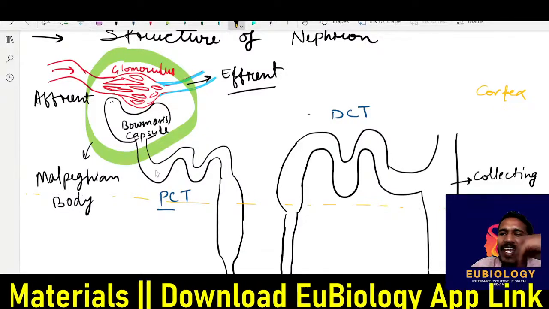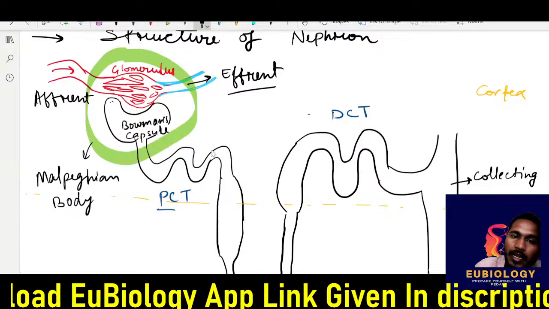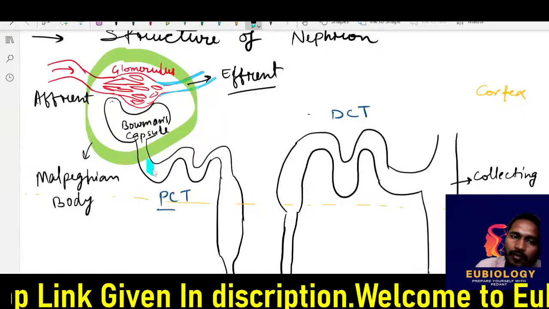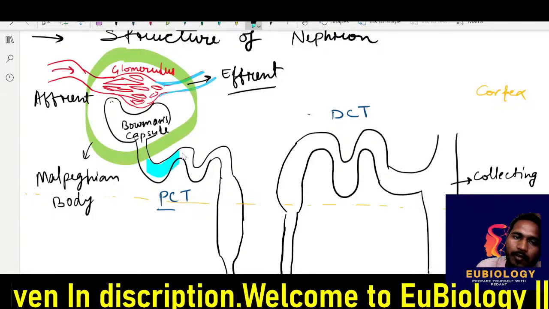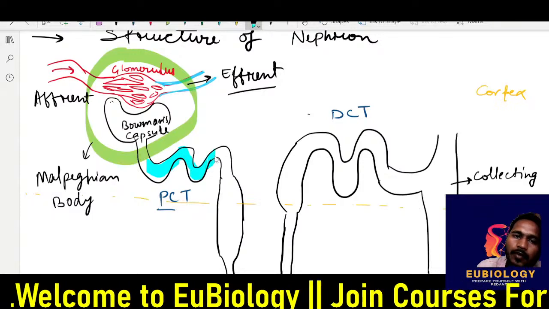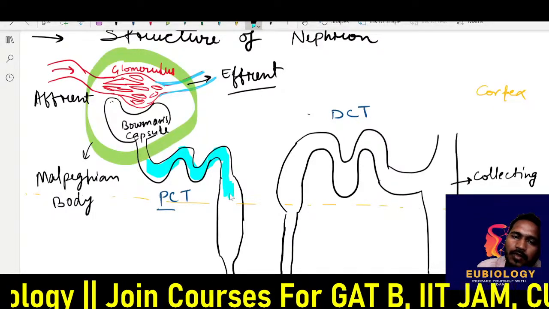So it has to be reabsorbed. So two things will happen here. If I say reabsorb, it means the fluid which is passing in this, you have to extract from this. Okay. So this is the fluid.